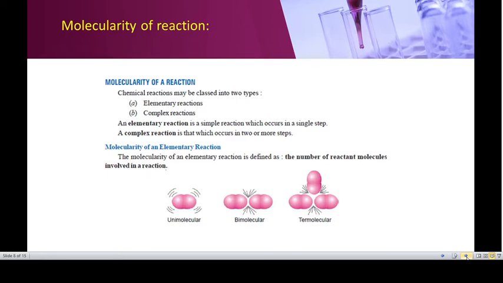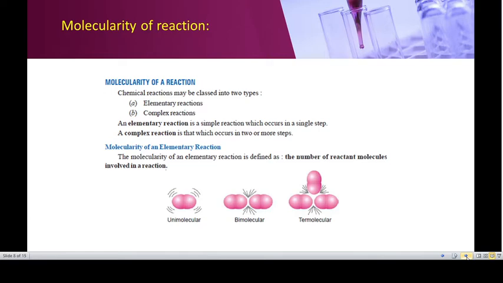Now let us see what is molecularity of a reaction. You can have several types of reaction, maybe elementary reactions or simple reactions or complex reactions. In all these cases, there must be some reacting molecules involved in the reaction. So molecularity of any reaction is the total number of reacting molecules involved in a reaction.